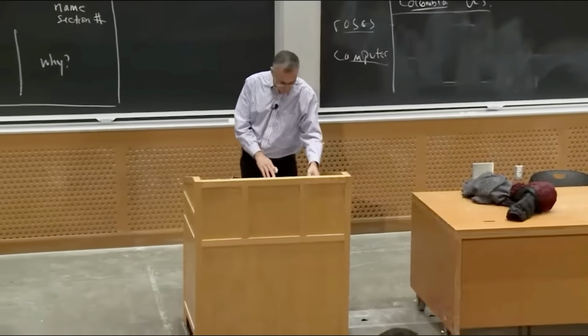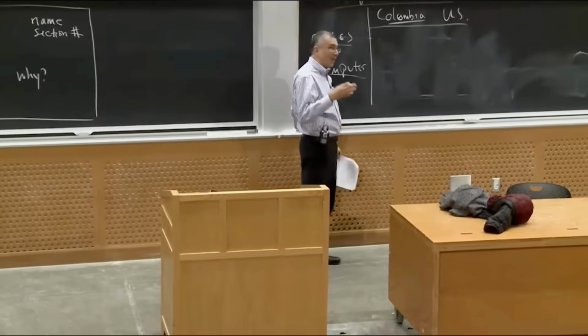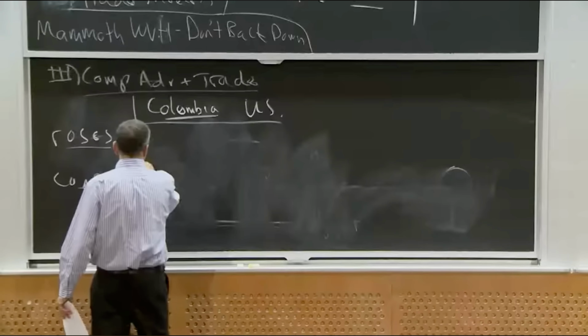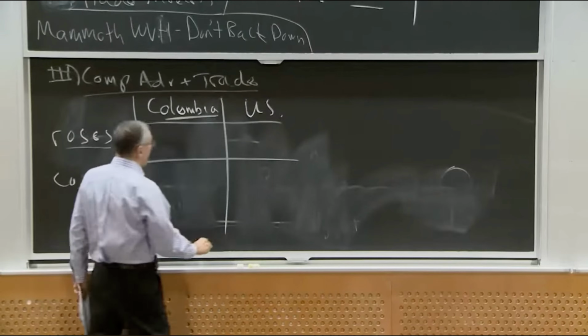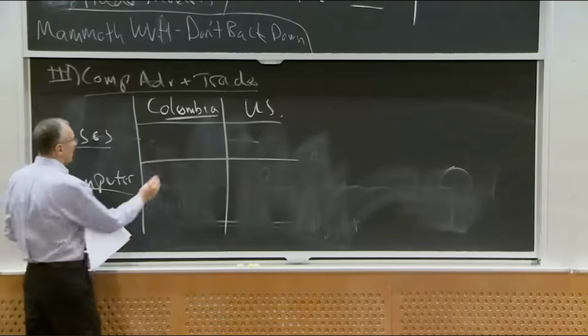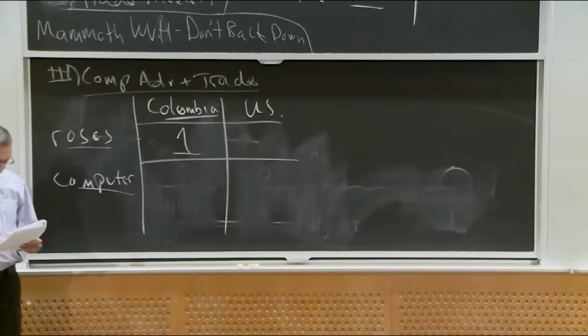The input is labor. And we're going to have a constant returns to scale model, where basically we're going to simply say that to produce 1 carton of roses in Colombia takes 1 worker, okay?